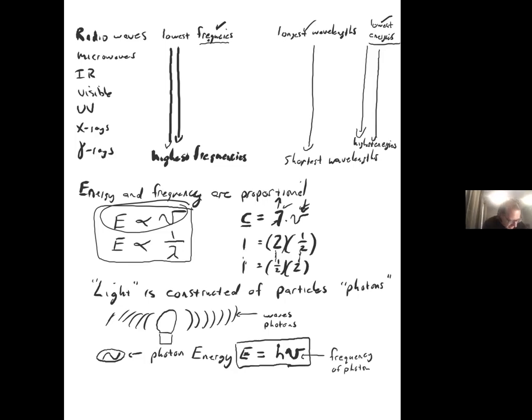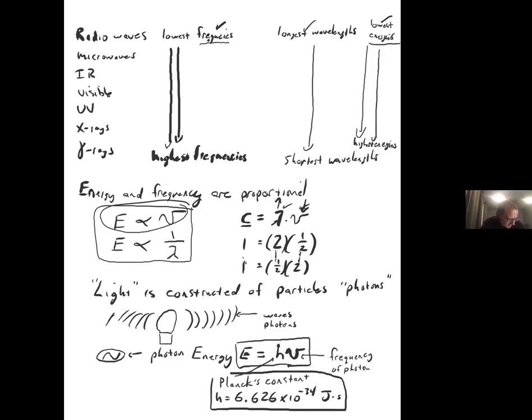This little symbol H is a constant. This is called Planck's constant. And the accepted value for H is 6.626 times 10 to the minus 34 joules times seconds. Okay, that's the value of H. It's a constant.